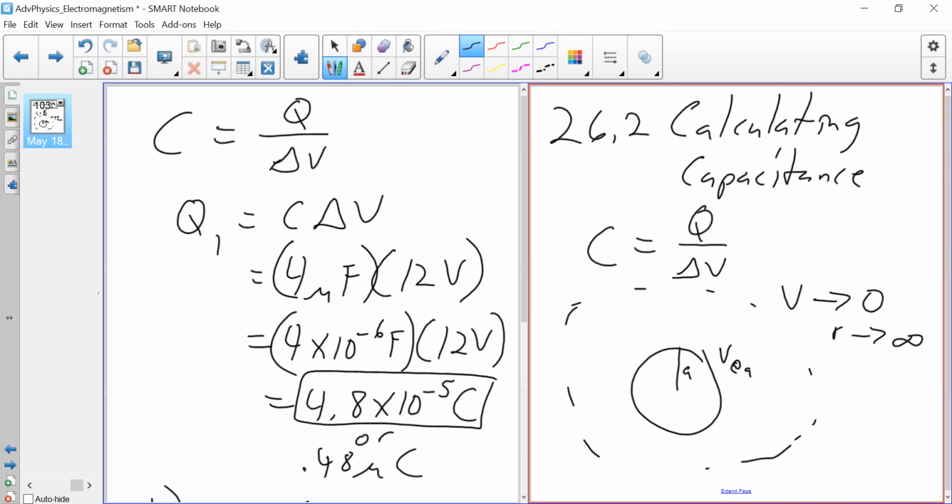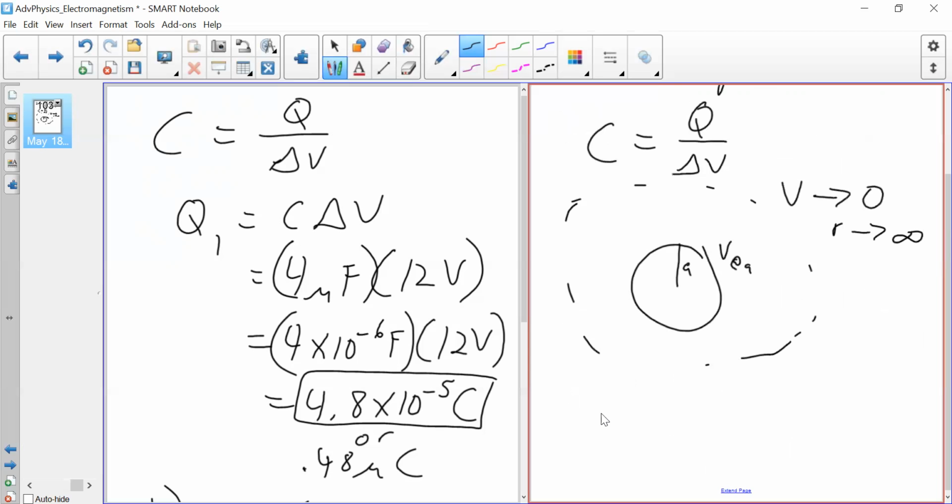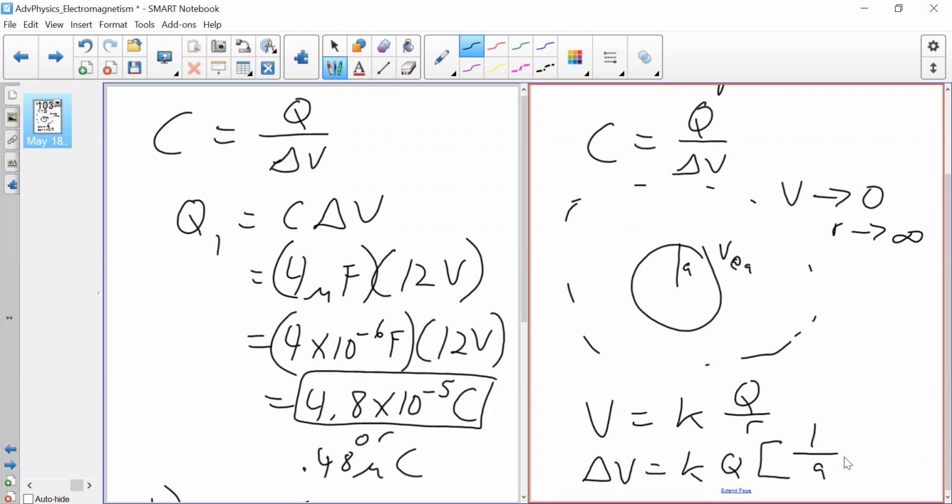If we put this into our electric potential equation, V equals KQ over R, in terms of electric potential difference this V becomes delta V, and so this becomes KQ times (1 over A minus 1 over infinity).